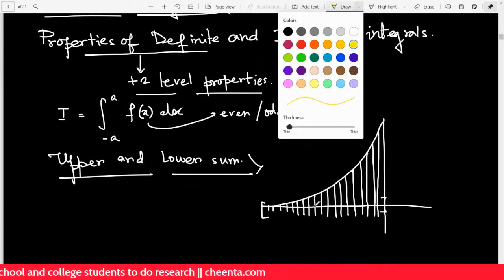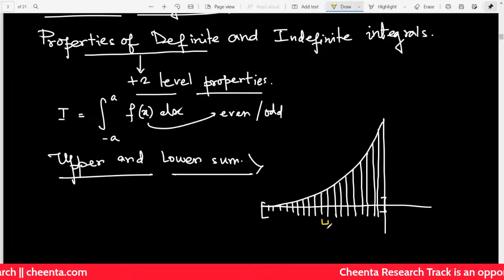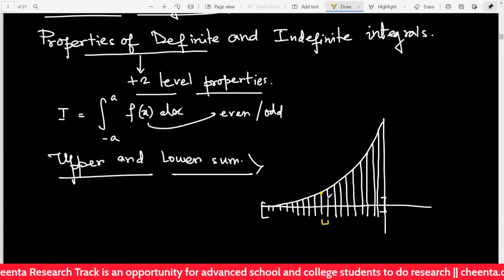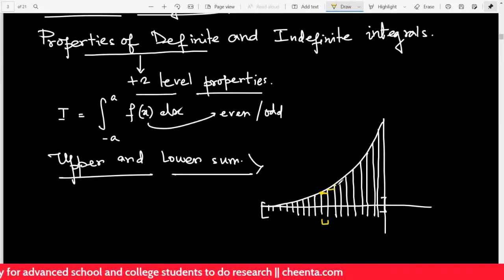The lower sum is you take from this interval the least value that the function is taking. In this case, the least value the function is taking in this interval is this yellow dot. So then you join this rectangle. For this, this is the least value, and you join all these rectangles up.